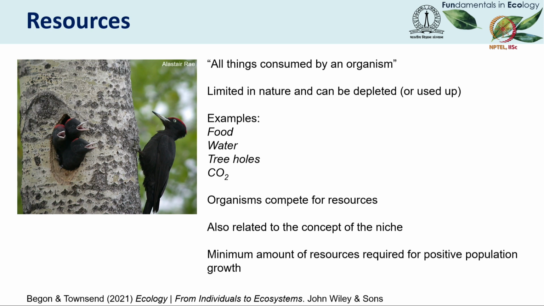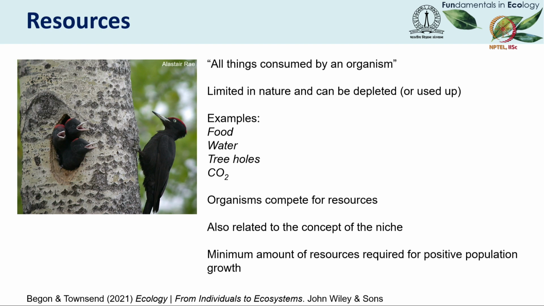Where a species is found in either geographical space or in time depends on whether that environment has the minimum amount of resources required for positive population growth rate. So, as we've seen with population ecology, if you have a population growth rate of 1, then your population size is stable, it's neither increasing nor declining. If you have a population growth rate that is negative and remains negative, then what will happen over time is that your population will decline to extinction.